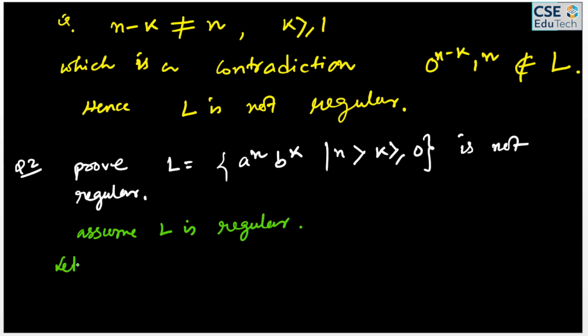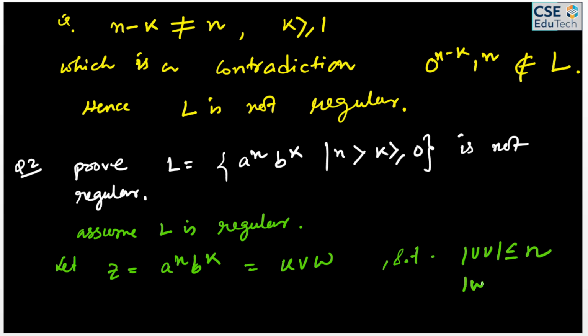Now let z be any string of the form a to the power n b to the power k, which is of the form u v w. We can partition this in such a way that mod of u v is less than or equal to n, mod of v alone is greater than 0, or greater than or equal to 1.